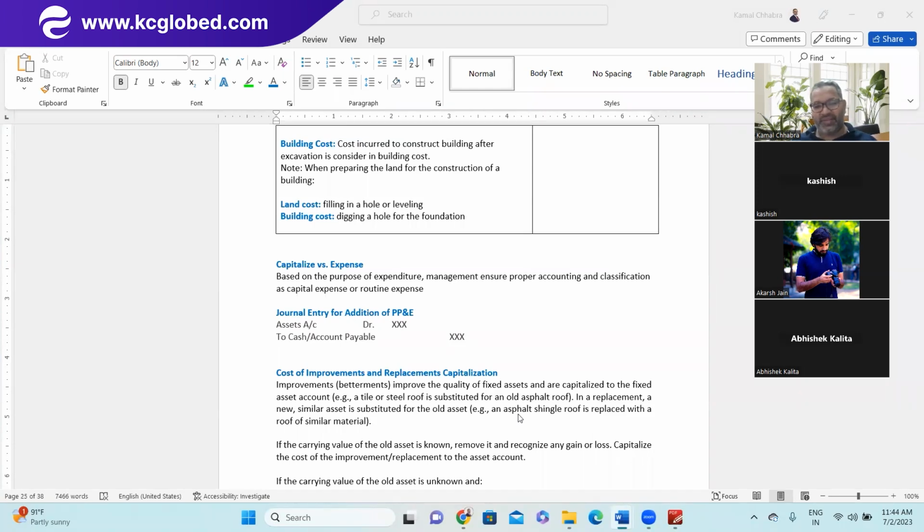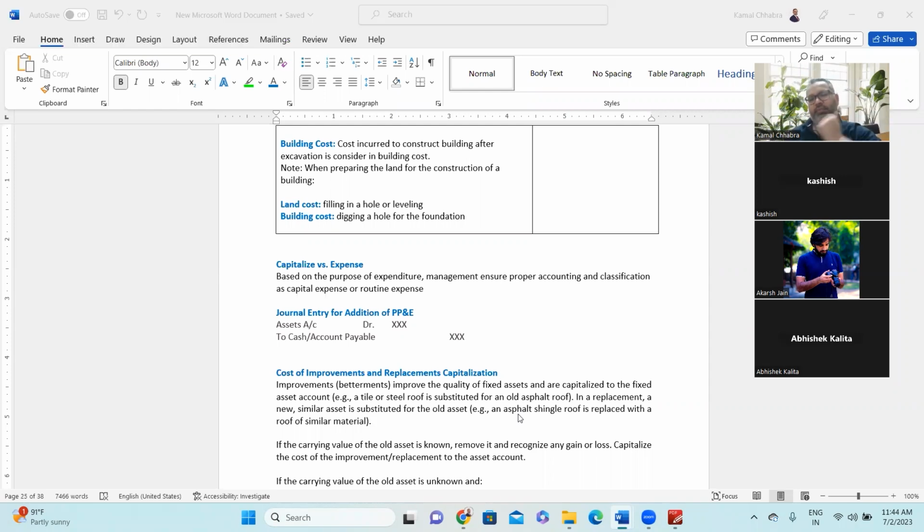Capital nature is when we will be using a particular asset for a period of time, over some years, and it would not be expensed off within the same financial year. We capitalize it because it will give us future benefits over a longer period of time. Then we capitalize that asset.